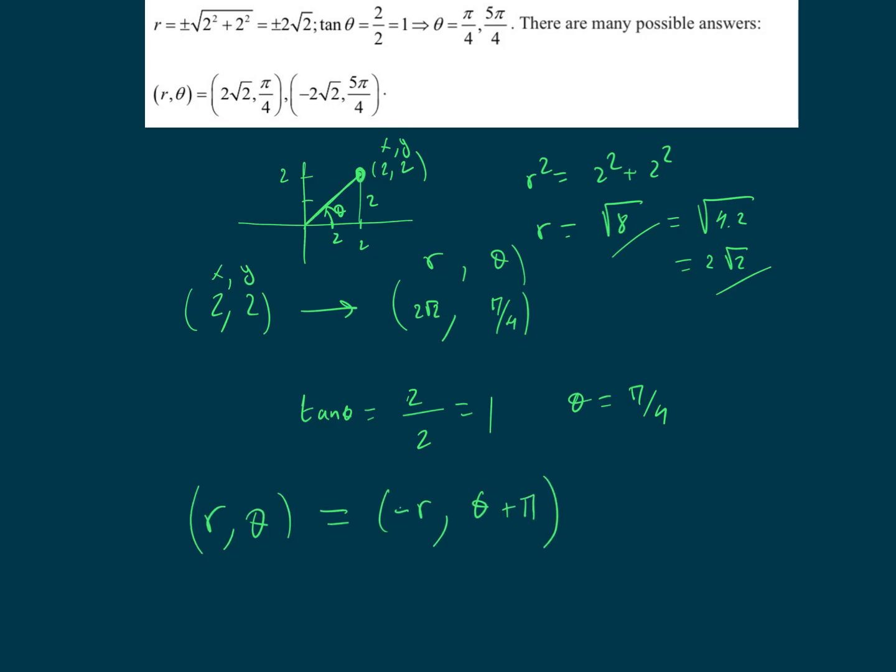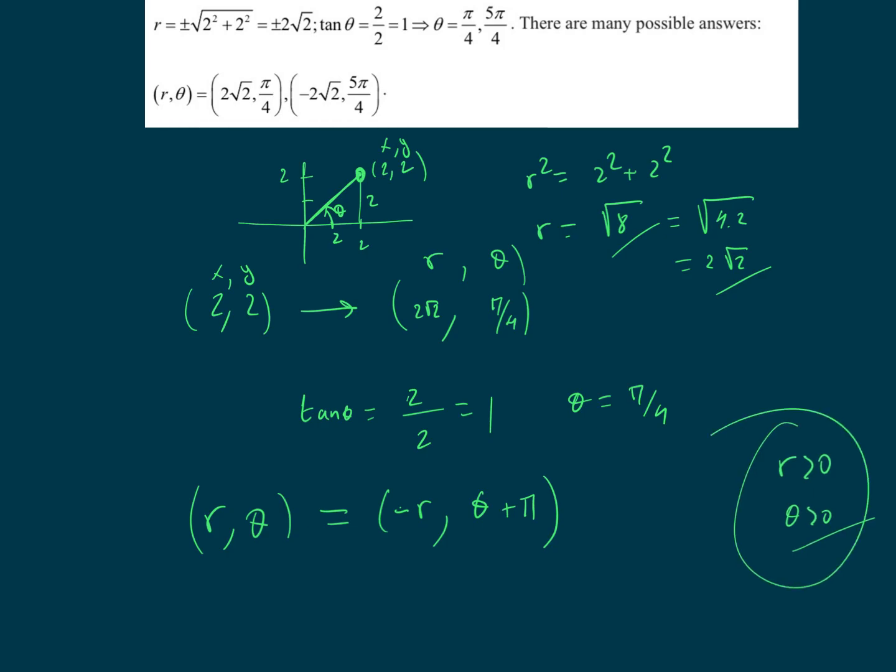In polar coordinates, the representation of the point is not like in Cartesian coordinates. In Cartesian coordinates, the representation is unique. In polar coordinates, the representation is not unique. So I like to stay with my standard form, to take the r positive and the theta positive, so I will not be confused.